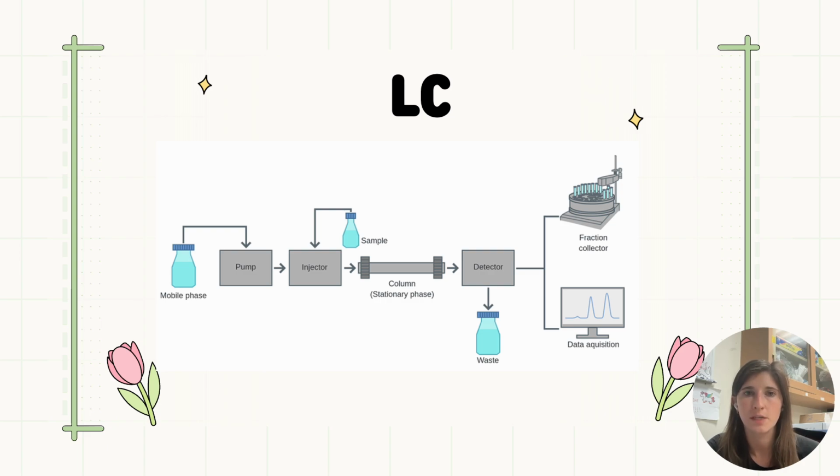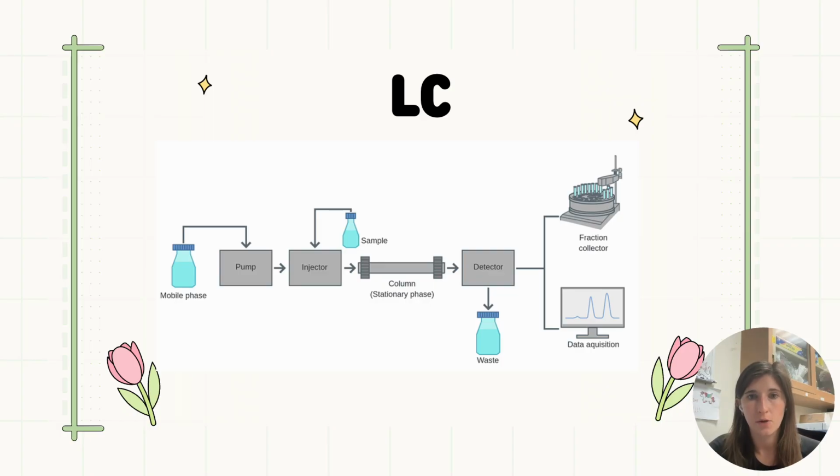So there's many different types of liquid chromatography, with the most common being polarity-based chromatography. And again, this pulls in our like attracts like theory. So in polarity-based chromatography, if the stationary phase is polar, it's going to be called normal phase chromatography.